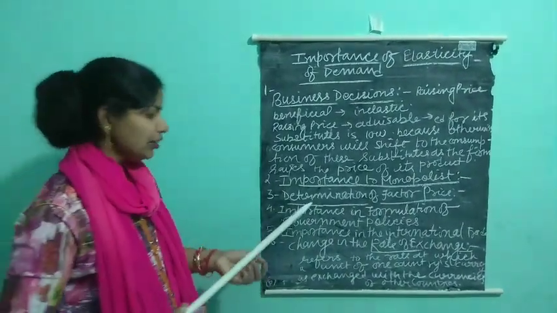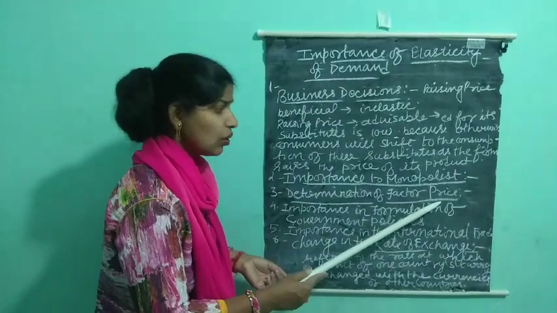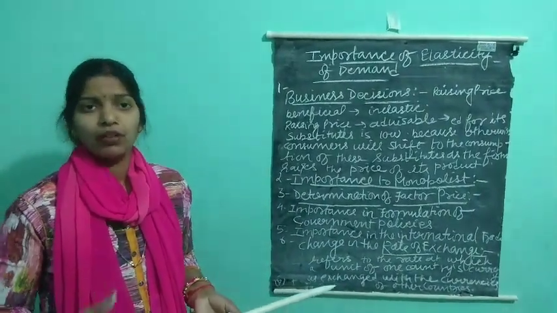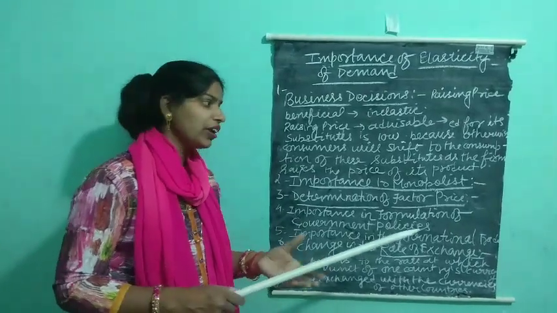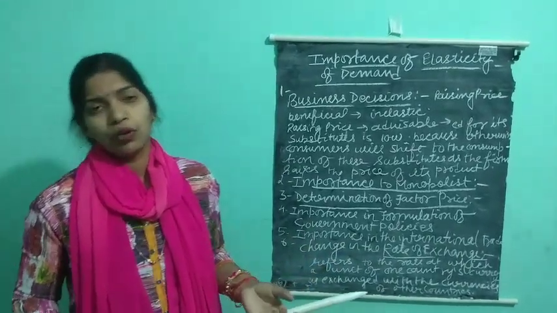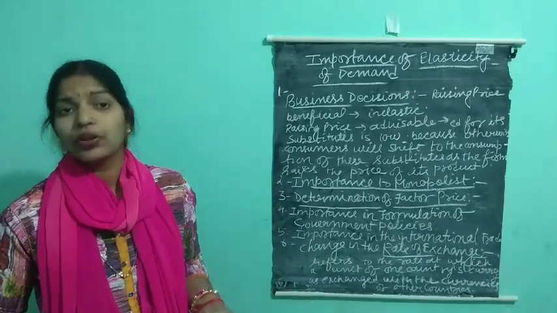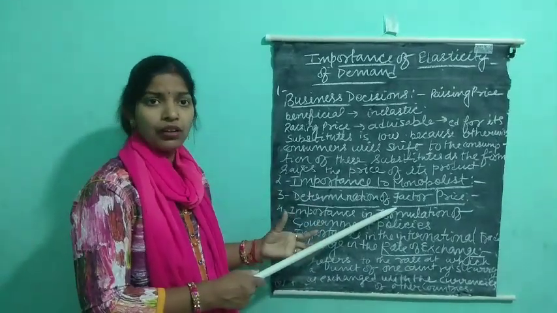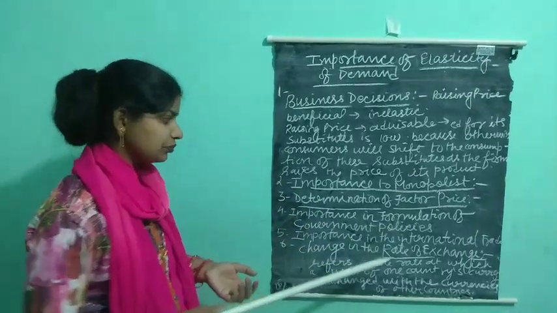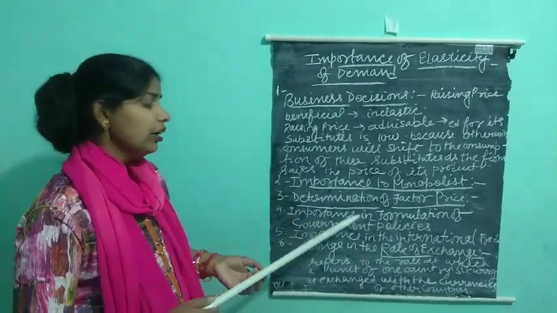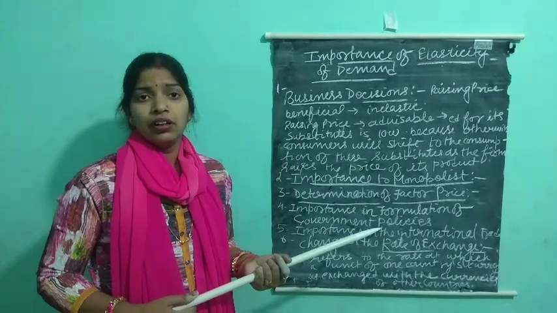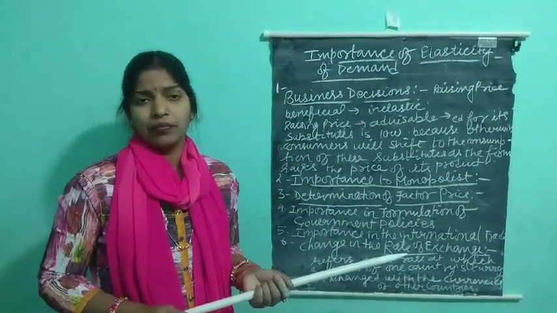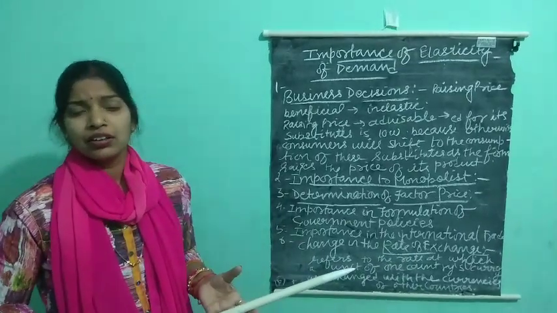In the same way, third heading, determination of factor prices. Factor prices, it means we shall take the term wages, as the labor will work for wages. We know various factors are used in production: land, labor, capital, technology, enterprise. At this time we are taking the example of labor, who works for wages. If the wages are increasing, then what will be the effect of this?